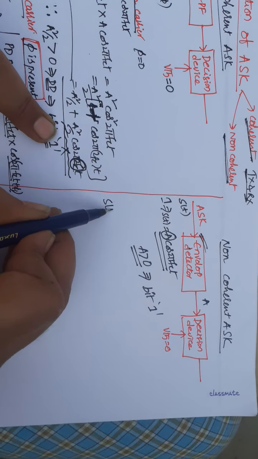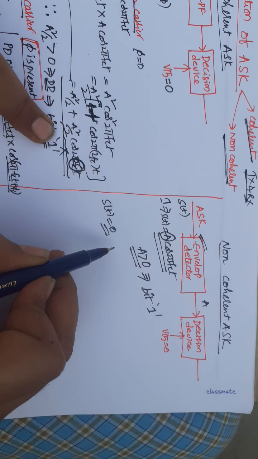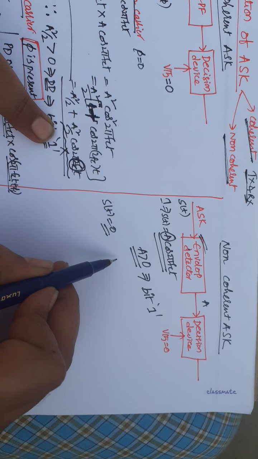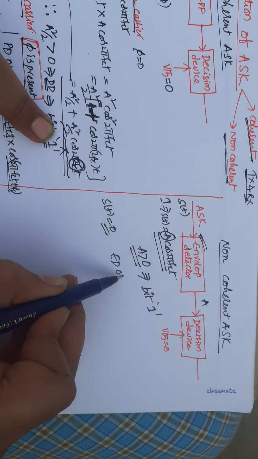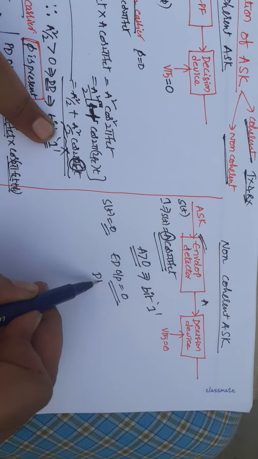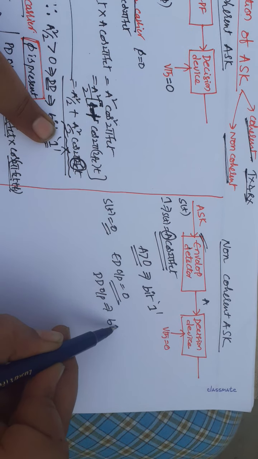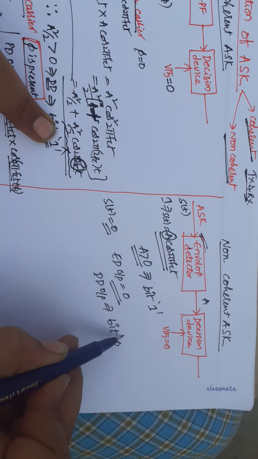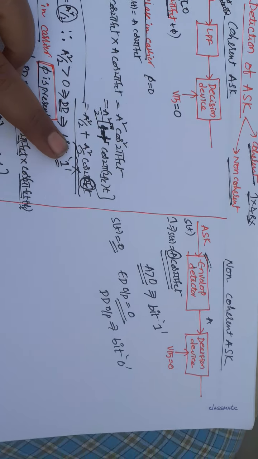If S of t is equal to 0, the envelope detector doesn't produce any output, so the envelope detector output is 0, and the decision device output is also in favor of bit 0. This is the non-coherent version of ASK.